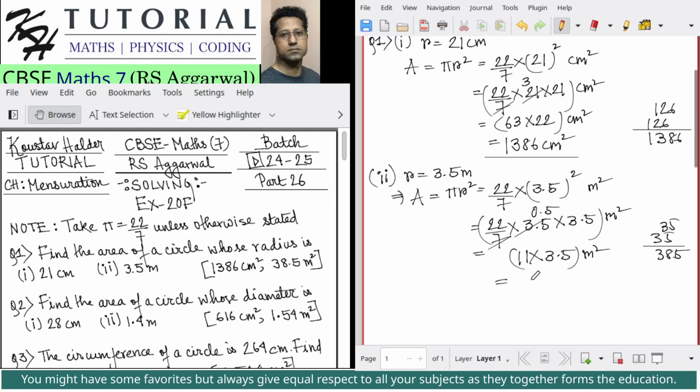So we have the decimal point. So this is 38.5 meter square.